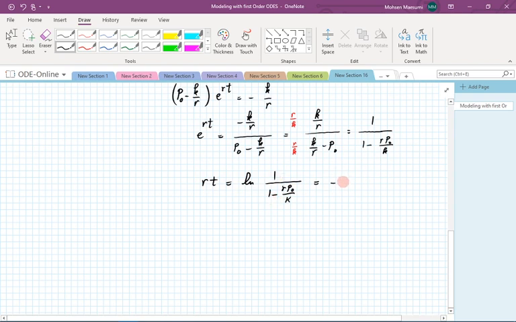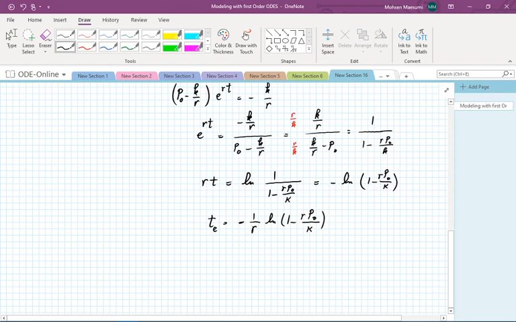So this becomes minus logarithm of 1 minus RP0 over K. So time to extinction, let's write this as TE, E for extinction, is minus 1 over R, logarithm of 1 minus RP0 over K. Of course this is a number less than 1, and logarithm of that will be negative. That's going to cancel this negative, and overall we are going to get a positive quantity.